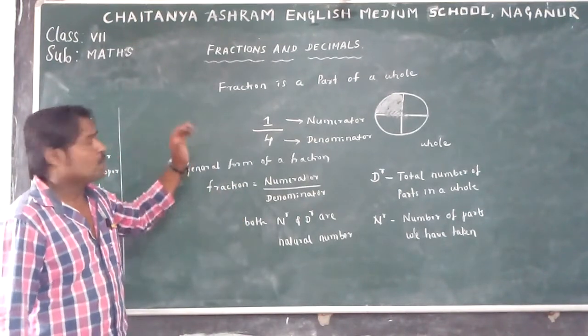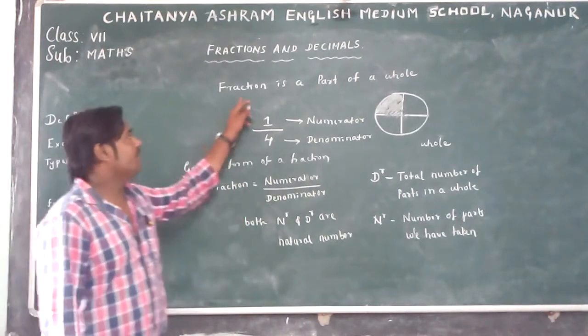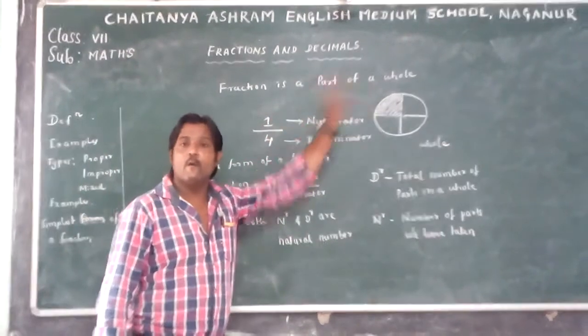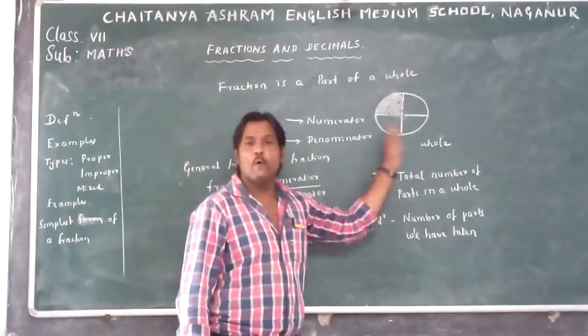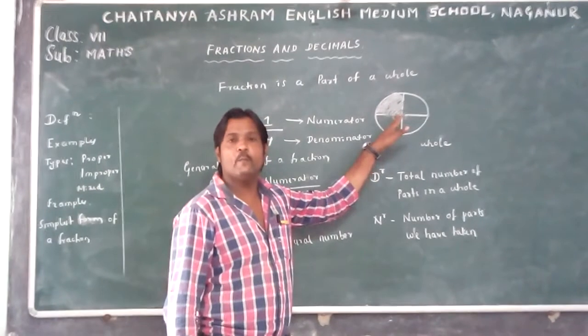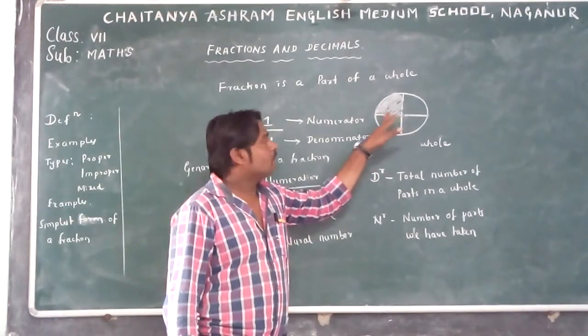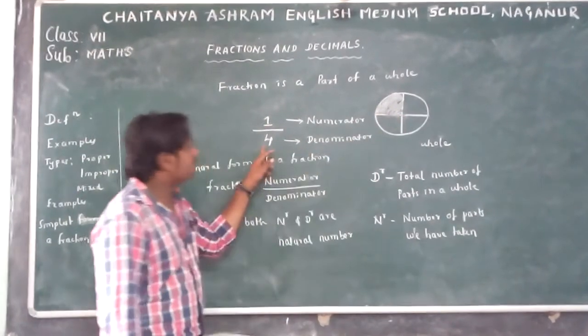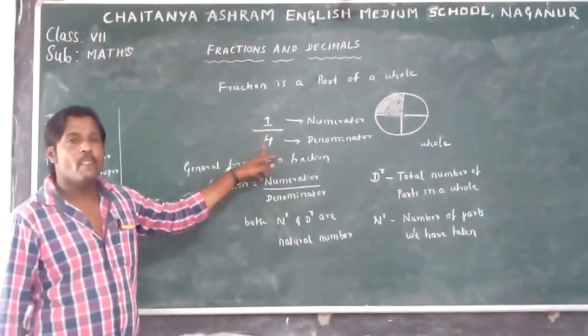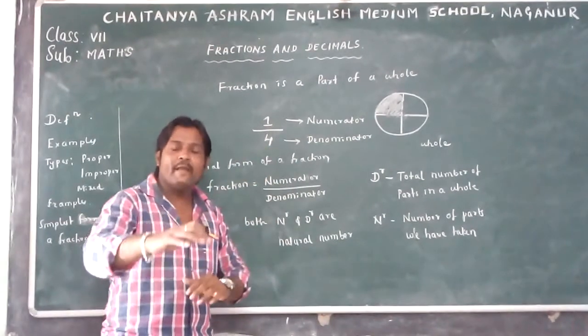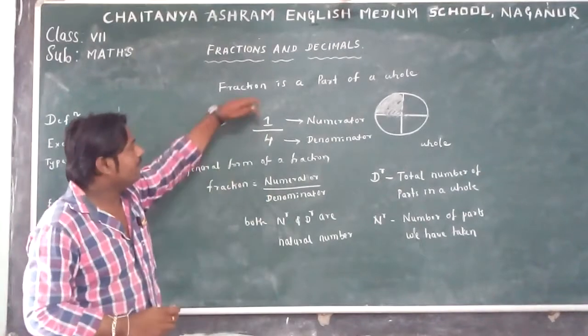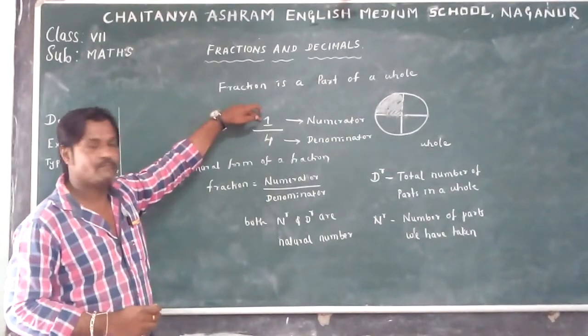Clear? So what do you mean by fraction? Fraction is a part of a whole. See here, this is the whole. I divided this whole into 4 equal parts. That 4 equal parts we write in the denominator. Out of the whole, how many we have taken, that we write in the numerator.